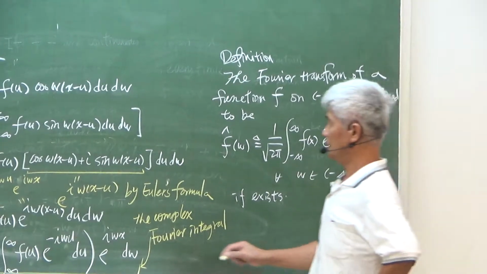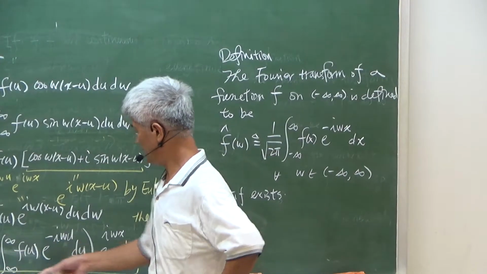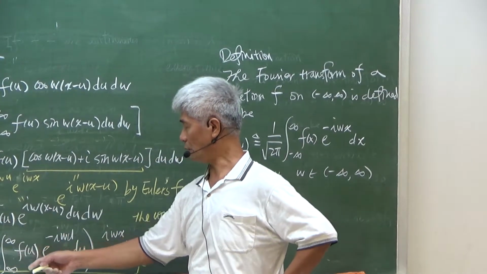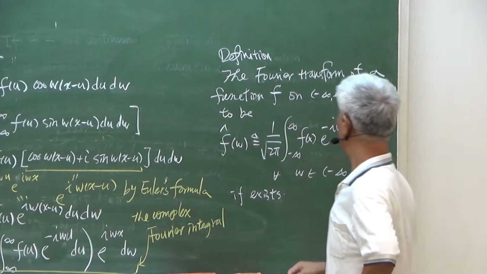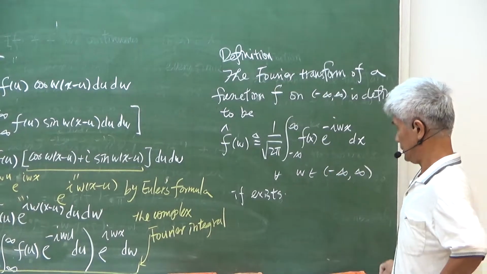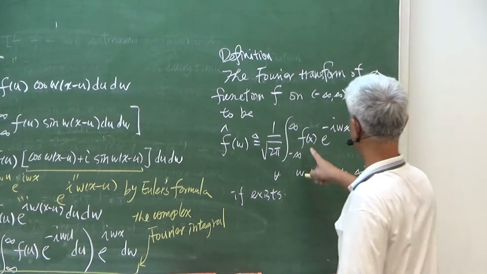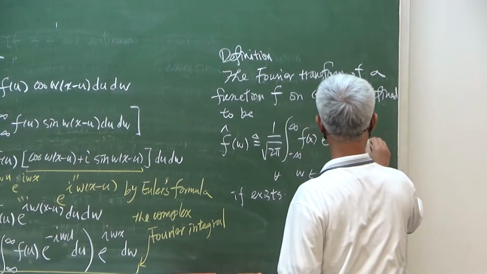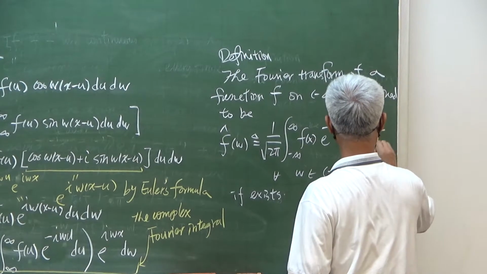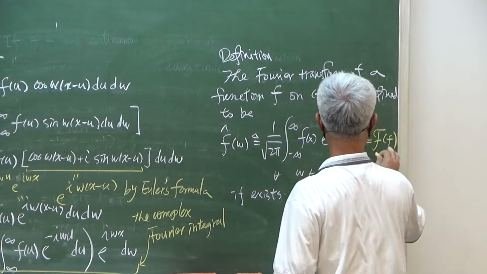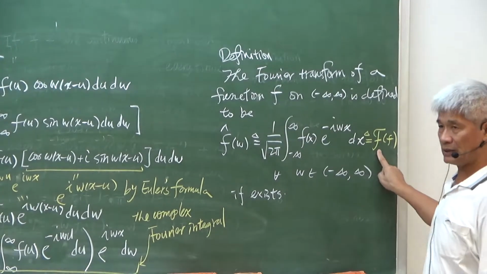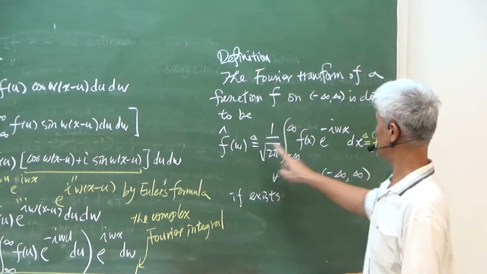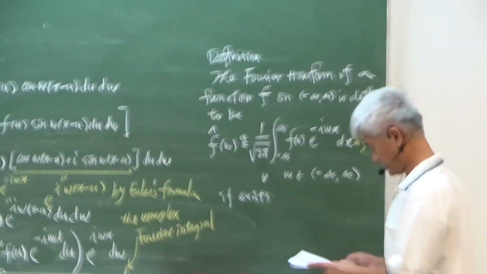Okay, so we define the inner part of this double integral to be the Fourier transform of f of x. And we'll sometimes just write script F of f. Okay, F means Fourier transform of f. This is also notation.